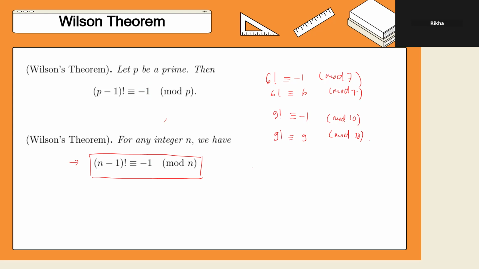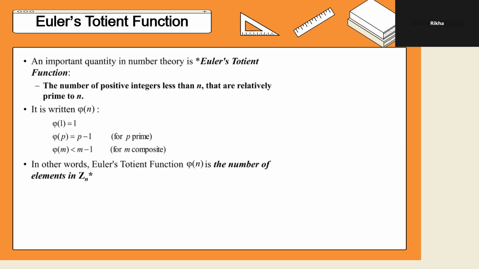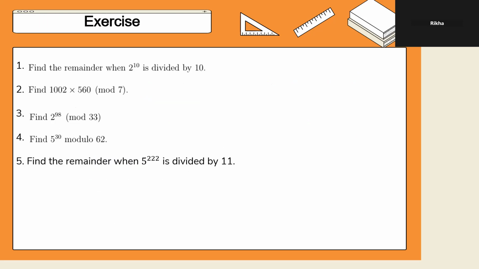Okay, let's continue. I think you can hold this one for a minute. We can do some exercises. For Nizita and Kevin, you can try all of these.